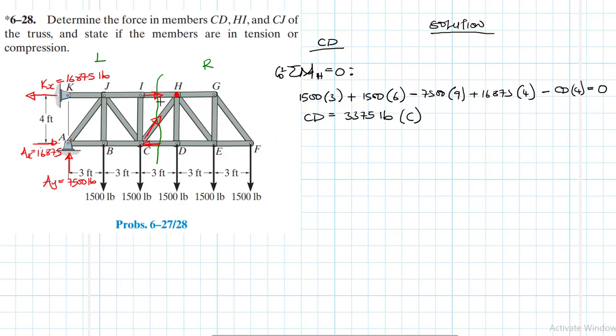So now let's find IJ. We'll leave it the way it is. Let's find IJ. The only thing that will change, so let me just write there, HI, not IJ, HI. So just change the point of taking the moments. So it will be at this point.